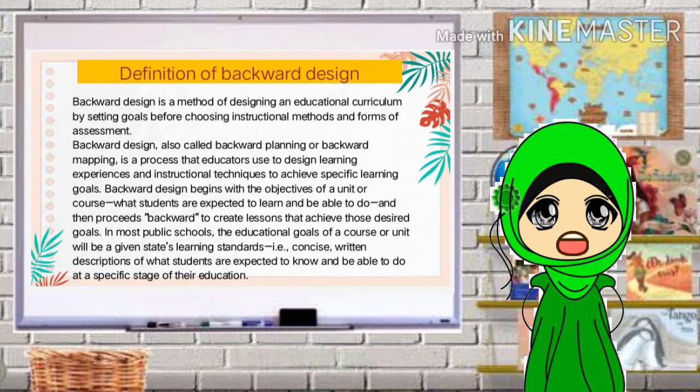It begins with the objectives of a unit or course, what students are expected to learn and be able to do, and then works backward to create lessons that achieve those desired goals.